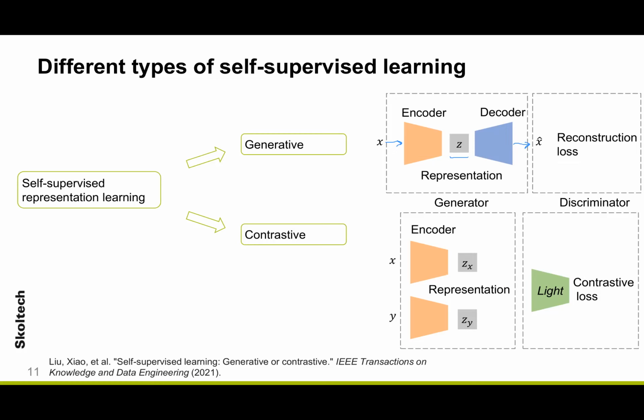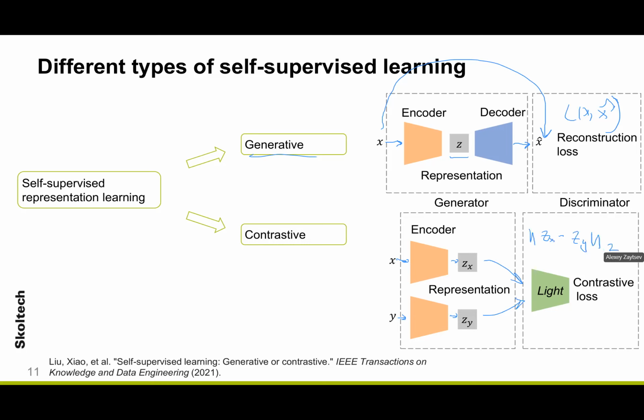As we know the actual X, we can compare it to X hat and get a reconstruction loss that depends on X and X hat. This is for generative self-supervised learning. If you consider contrastive self-supervised learning, we have two objects, the same encoder, and two representations, ZX and ZY correspondingly, and we have some contrastive loss. It can also be a very simple loss, like just the L2 norm between ZX and ZY.